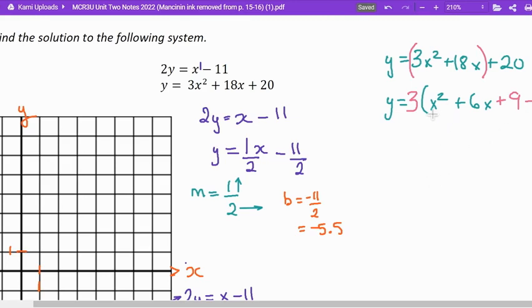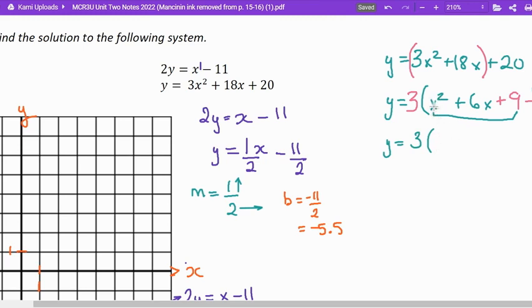Okay, here I have a perfect square trinomial. This negative 9, as it moves out of the bracket, I need to multiply it by the a, right? So negative 9 times 3.